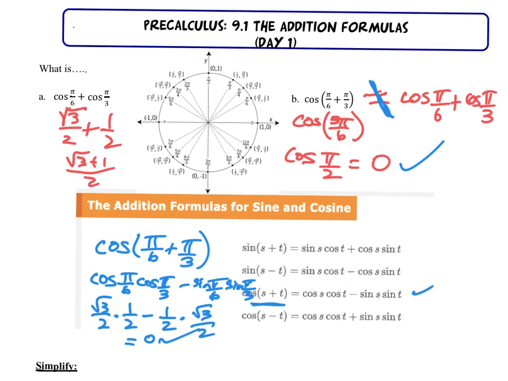The cosine of s plus t, we just found out, is cosine s cosine t minus sine s sine t. And then if I want to subtract, notice I change it to a plus. So these addition formulas for sine and cosine, you're obviously going to have access to while you're doing your work. So you will end up memorizing them because you're going to be doing it so much, but the formulas will be given to you.